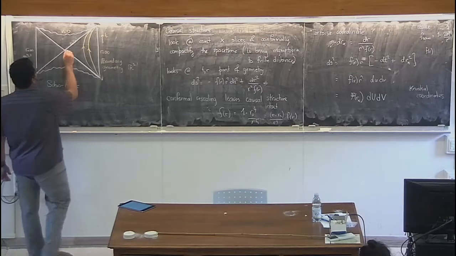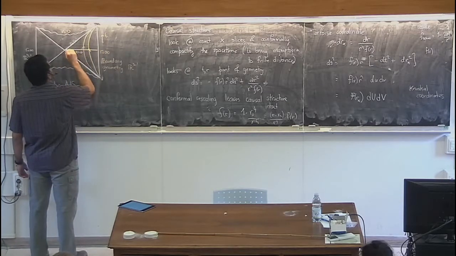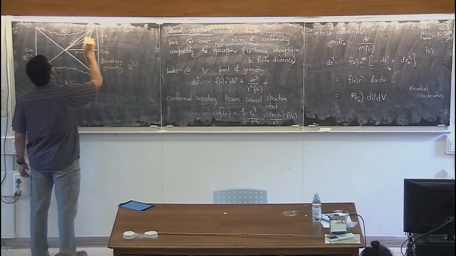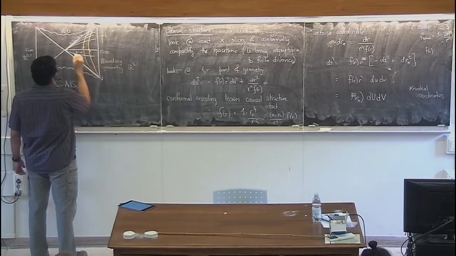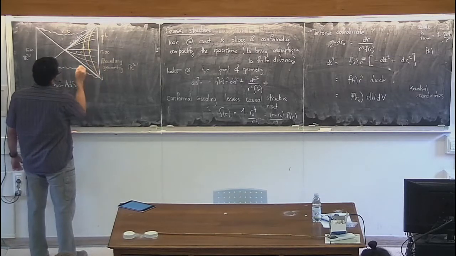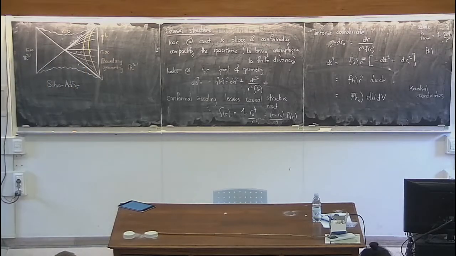Okay, so this is the t equals 0 slice, and then time marches up with t being plus infinity at this point. Time marches down here, and t equals minus infinity is down here. Okay.